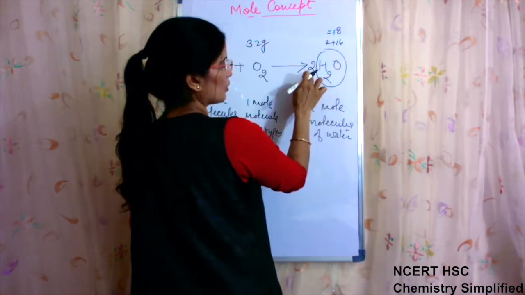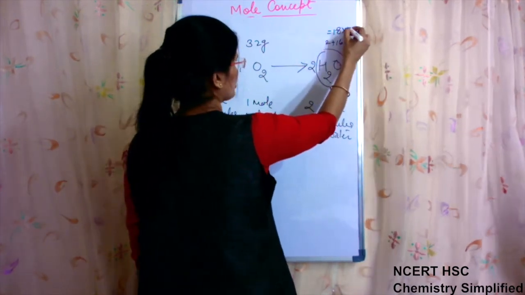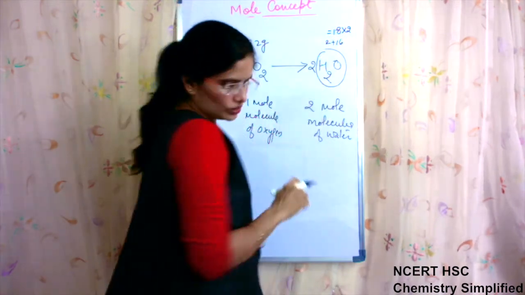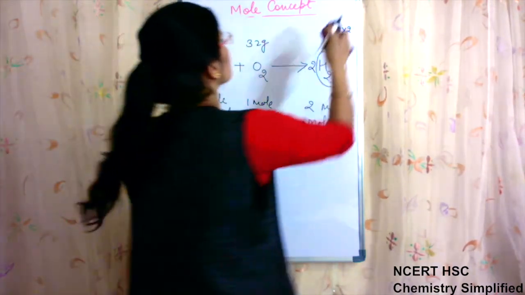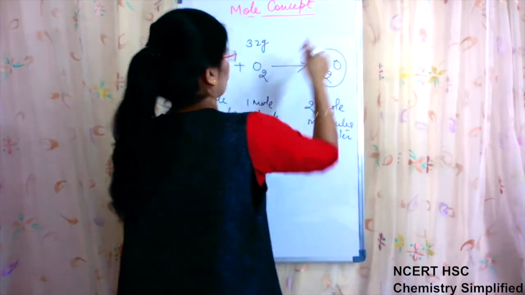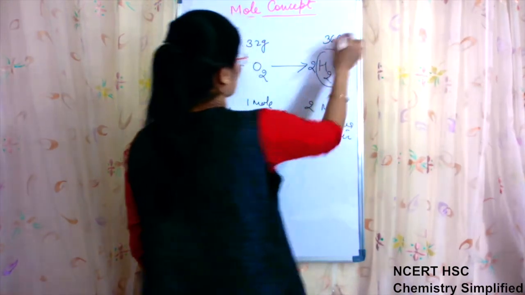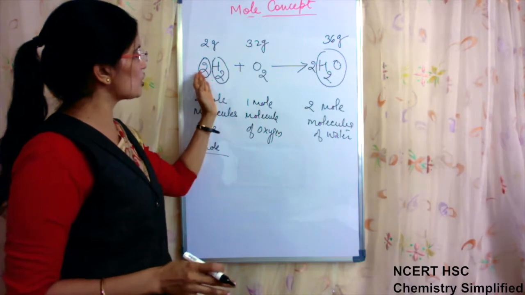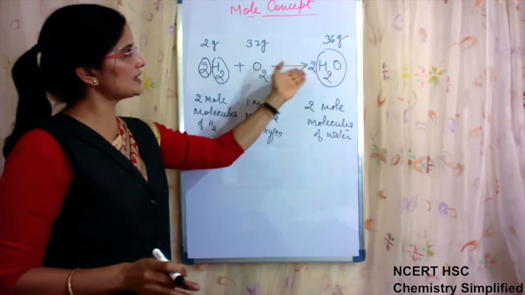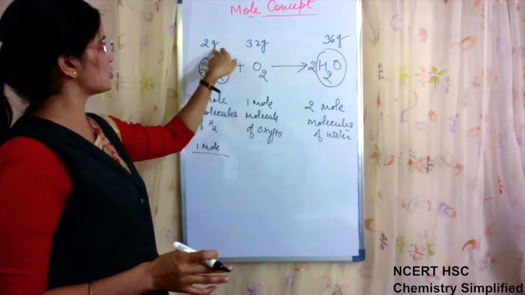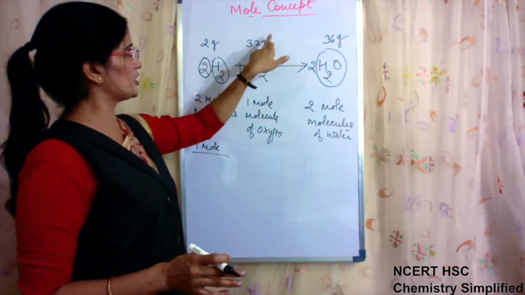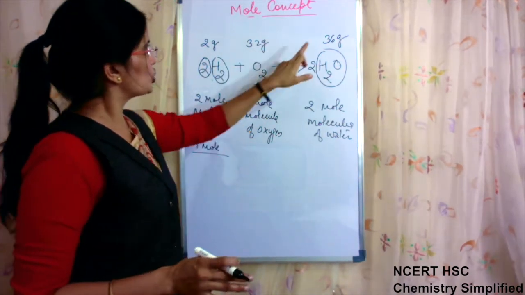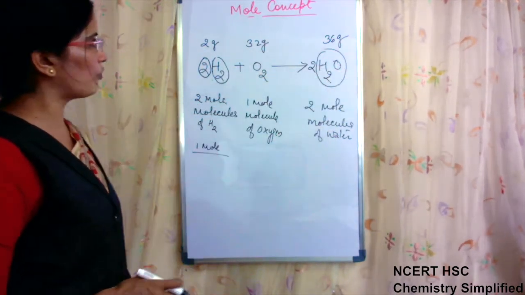And because the coefficient here is 2, 18 into 2 is equal to 36 grams. So in terms of grams, 2 grams of hydrogen react with 32 grams of oxygen to give 36 grams of water.